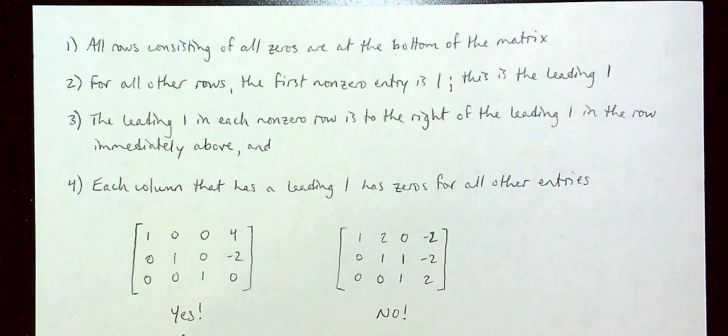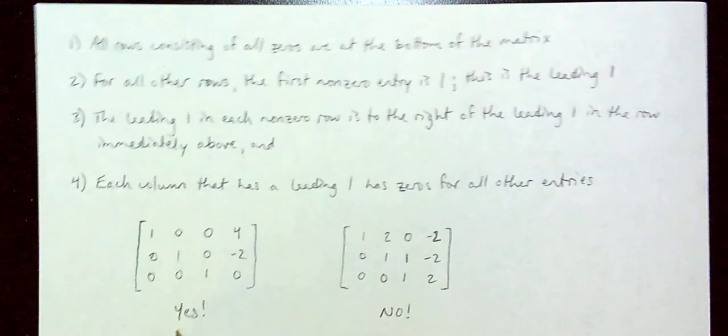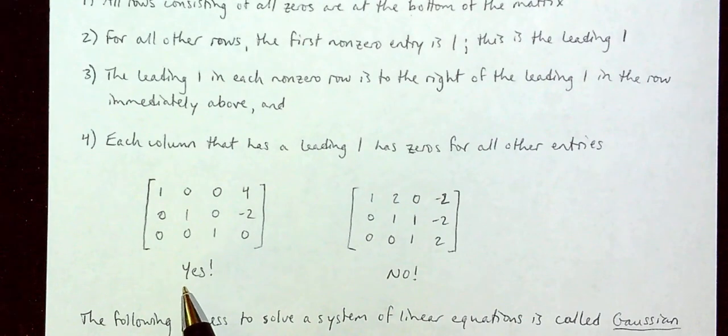The matrix at the left here is an example of a matrix that is in row-reduced echelon form. Any rows that would be all zeros would be at the bottom, but there are none, so we don't have to worry about that.